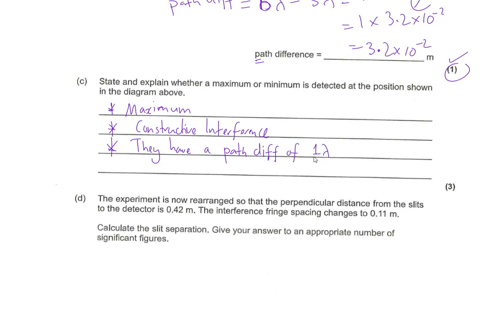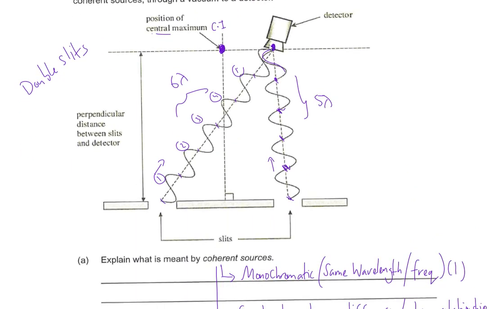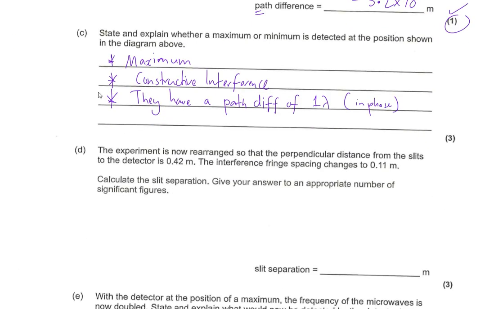That's why they are in phase. So when these two waves meet at this point, they are constructively interfering at this particular point. That is why.